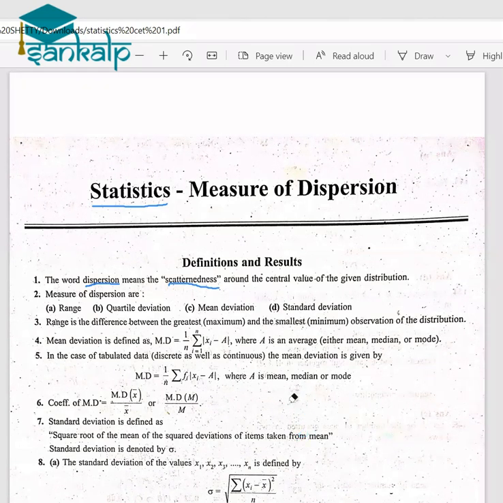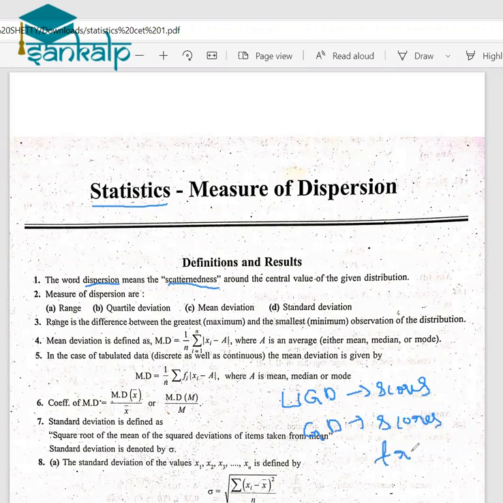In case of ungrouped data, only scores will be considered, and in case of grouped data, both scores as well as frequency are considered.